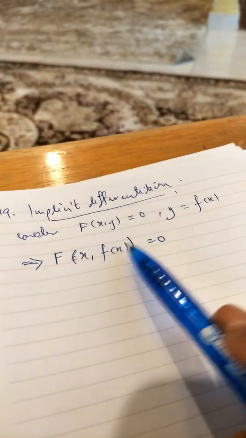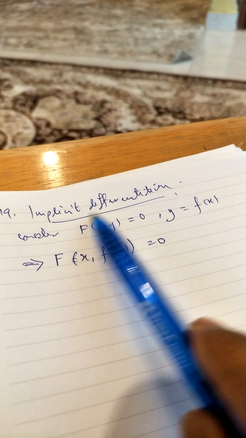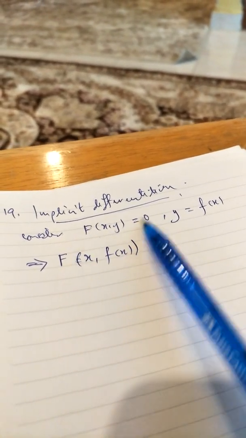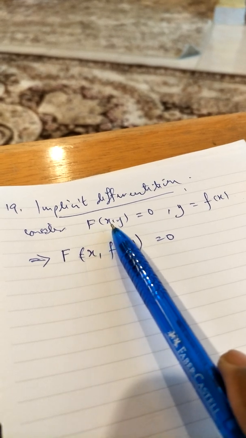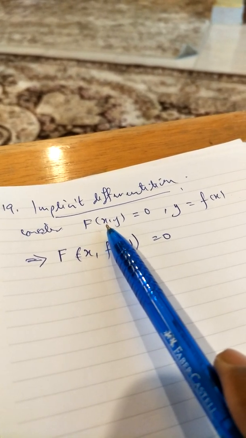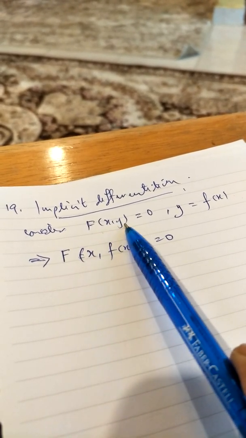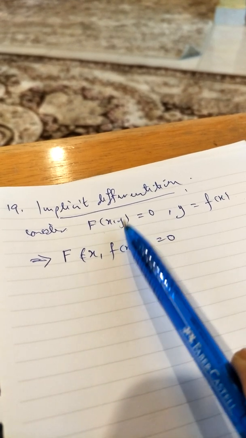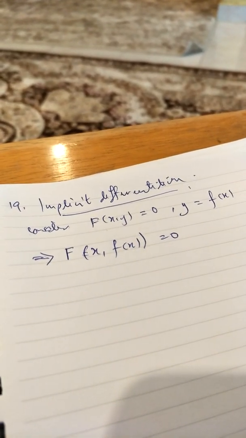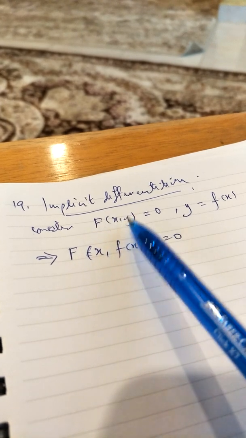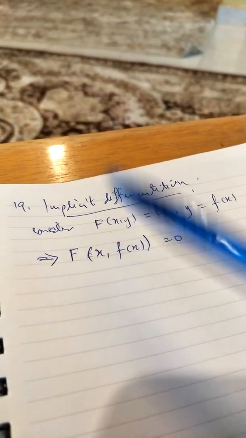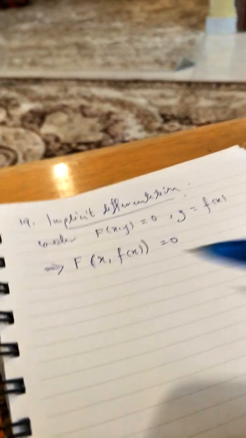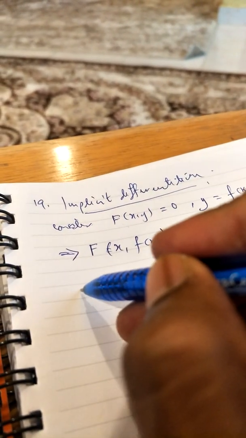If we differentiate this function with respect to x, what we actually do is differentiate with respect to each of its variables. So in this case we have two variables, even though y is a function of x. But y is still a variable, so we need to differentiate y as well.